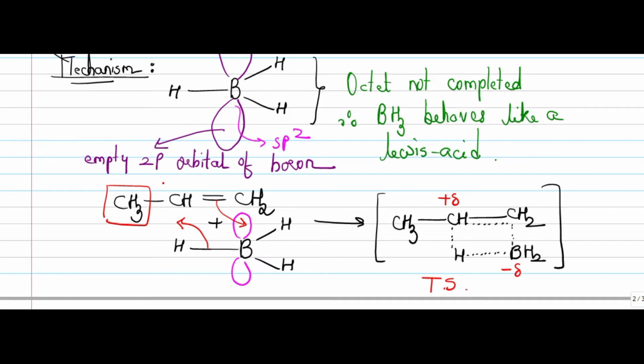On the other hand, if boron shifts to the other side and gets connected with this carbon, the positive charge would be on a primary carbon, and it is not as stable as when you put it here.